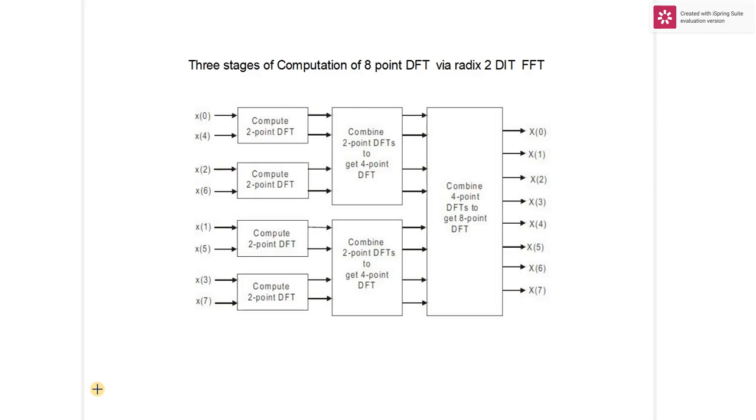The computation efficiency is achieved if we adopt a divide and conquer approach. This approach is based on the decomposition of n-point DFT into successively smaller DFTs. This basic approach leads to a family of efficient computation algorithms known collectively as FFT algorithms.